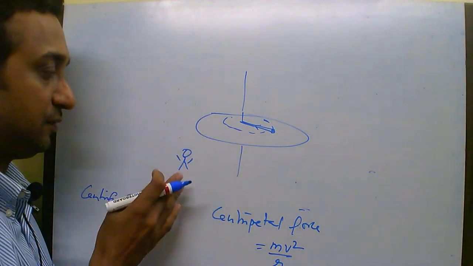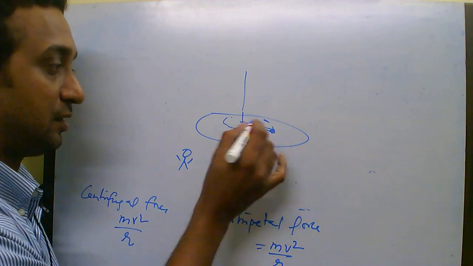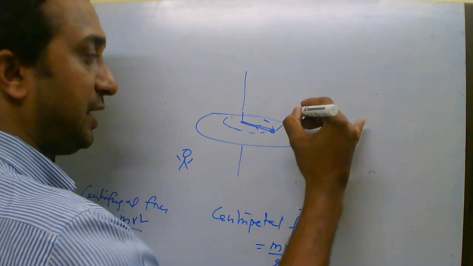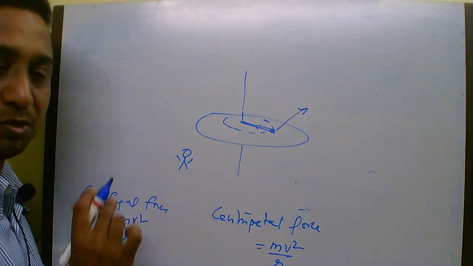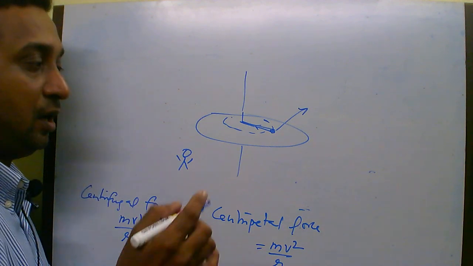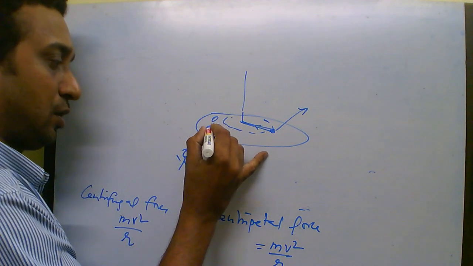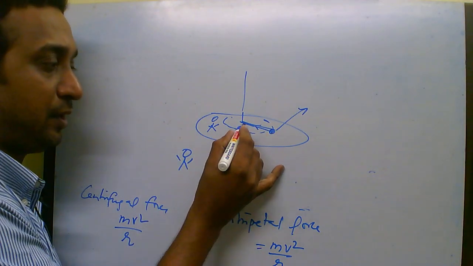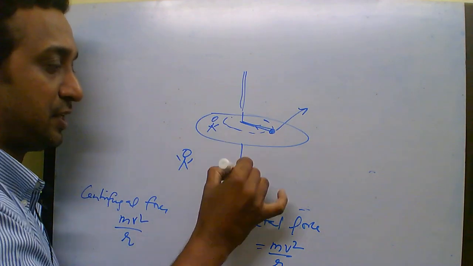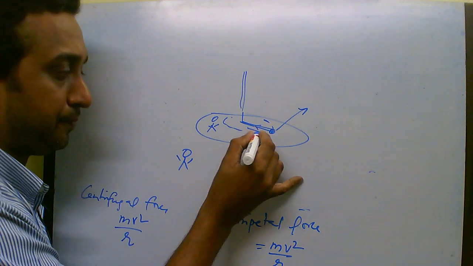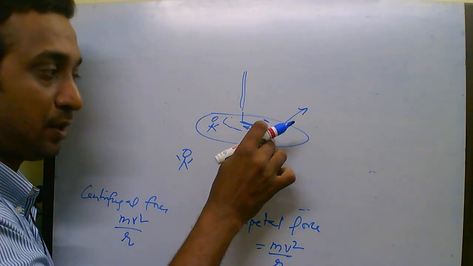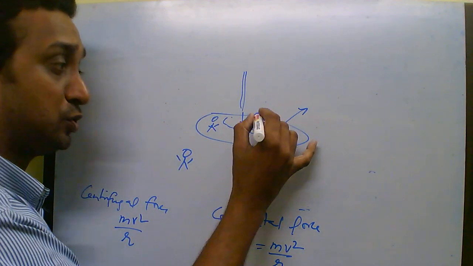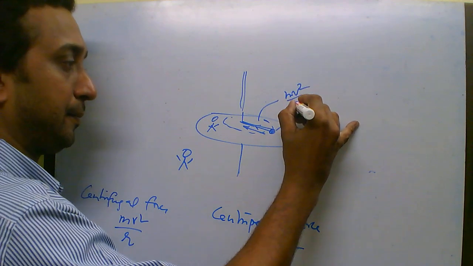Now if the string is disconnected or broken, then the body will move tangentially away, as per the person standing outside. Now assume another person is standing on this merry-go-round and is also watching that body. He can see the body being tied to the axis of rotation by a string, so a force is acting on the body so that it does not get detached, whose magnitude is mv squared by r.